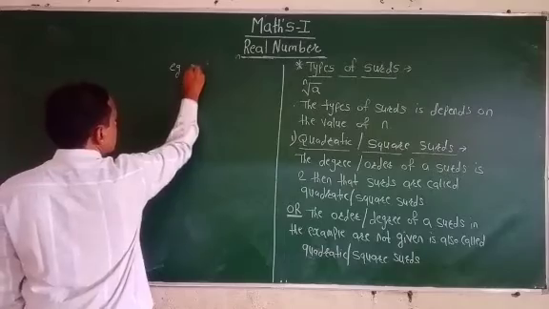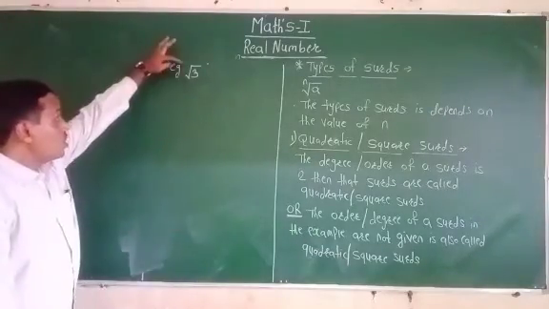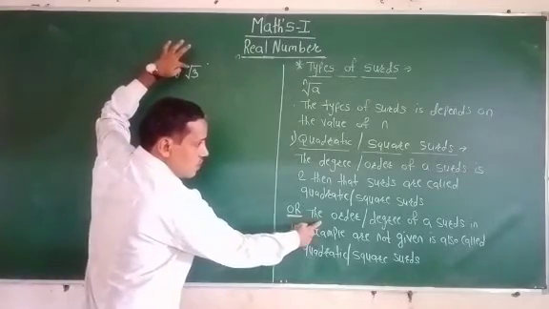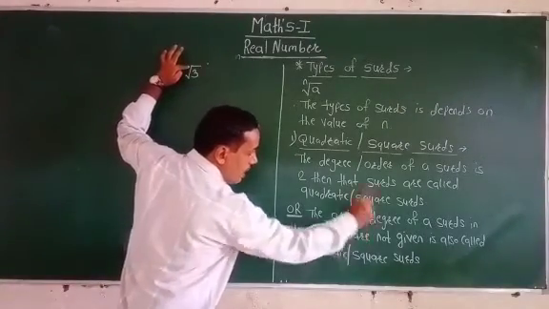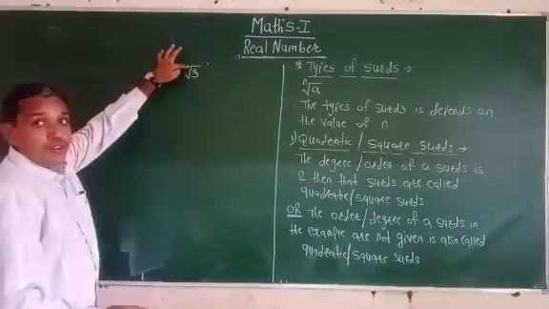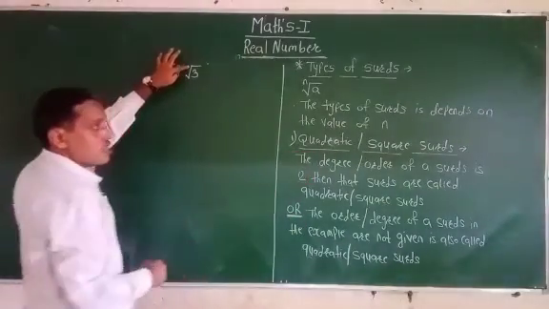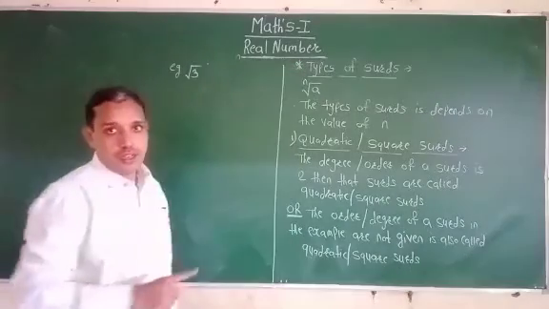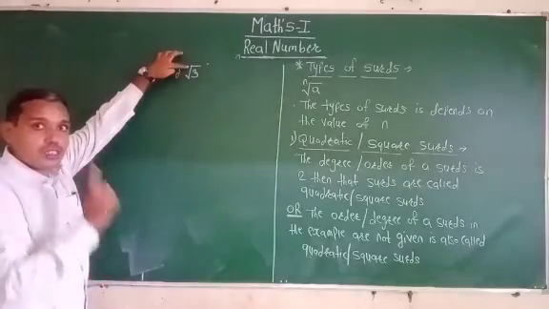Examples: the square root of 3. The order is not given, but according to the definition, if the order or degree is not given in an example, then we call it a quadratic or square surd, because the value of n is greater than 1 and here the order is considered to be 2.